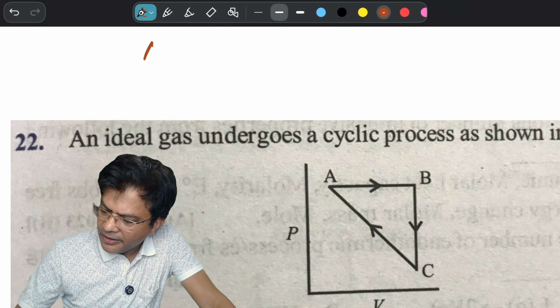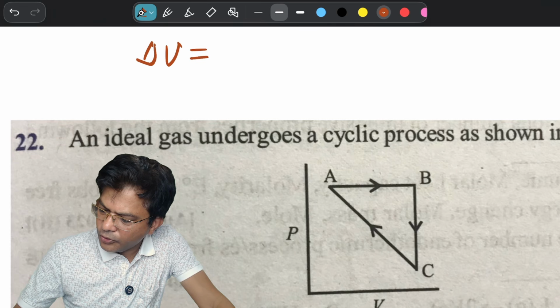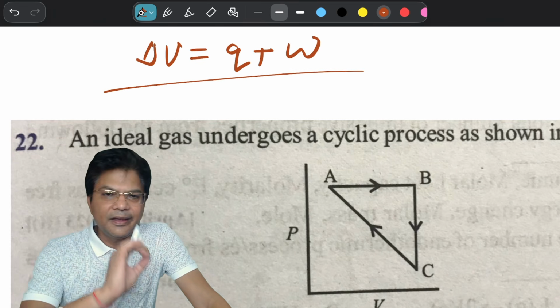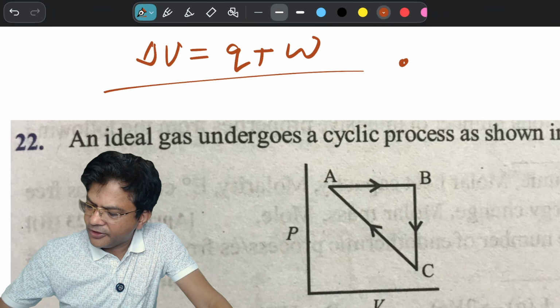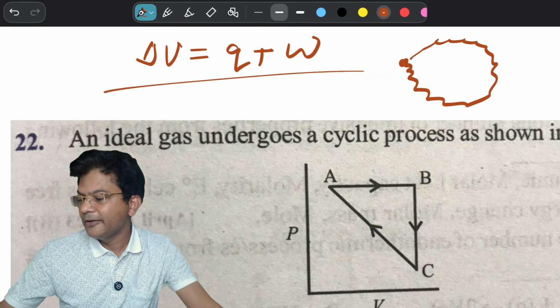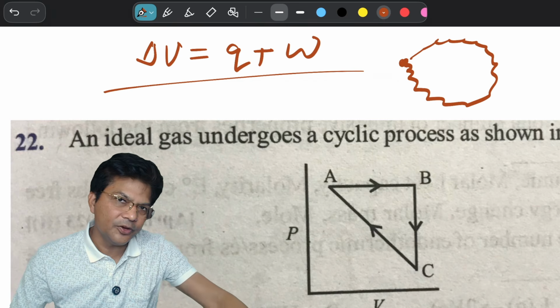I would like to say delta U is equal to Q plus W, and remember that in a cyclic process we start from here, go anywhere, and come back, so the change in state will be zero.